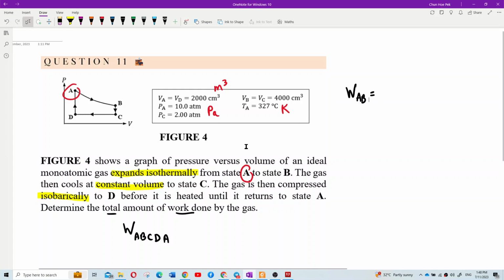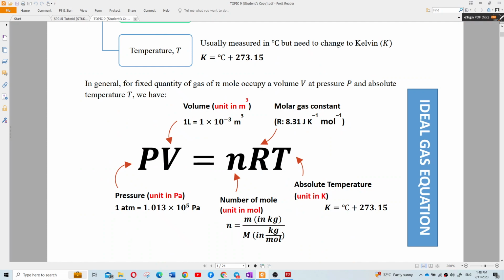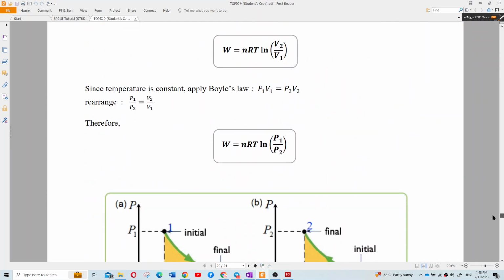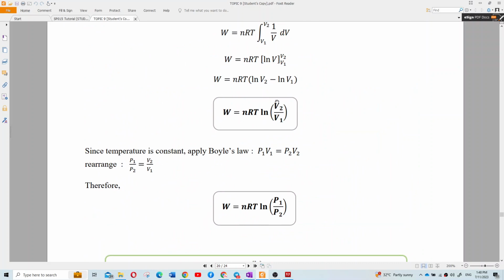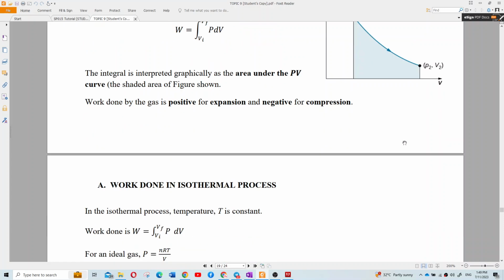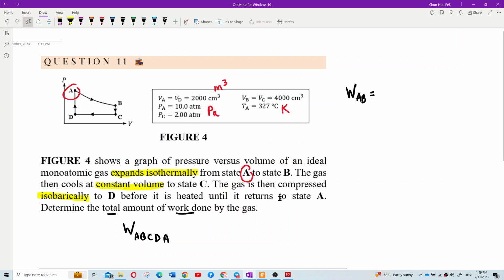So what's the formula? Isothermal. Remember isothermal? Nah, ini nRT ln V2 over V1 for the curve. Ataupun V2 over V1 ataupun pressure 1 over pressure 2. Ini dia. Okay. So let's do it.